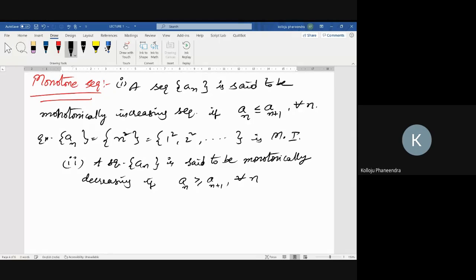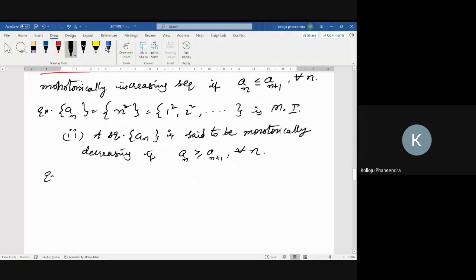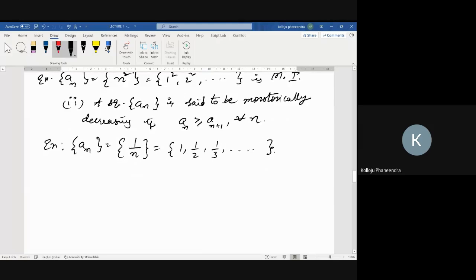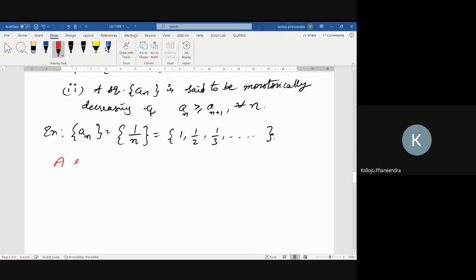It is true for all n. So the example is what? 1 by 2^n, 1 by n square, or 1 by n I can take. So 1 is greater than 1/2, 1/2 is greater than 1/3, and so on. Monotonically decreasing sequence.